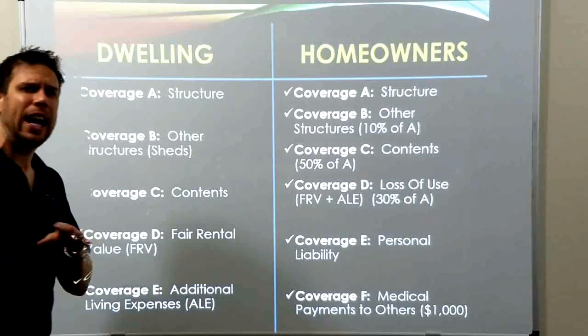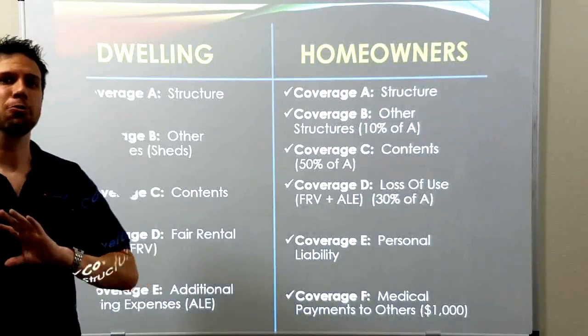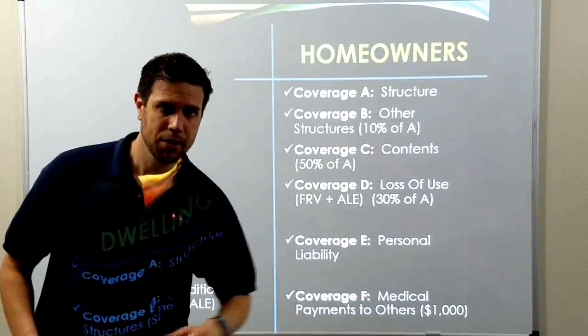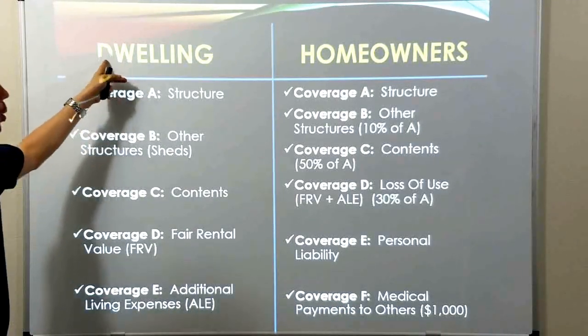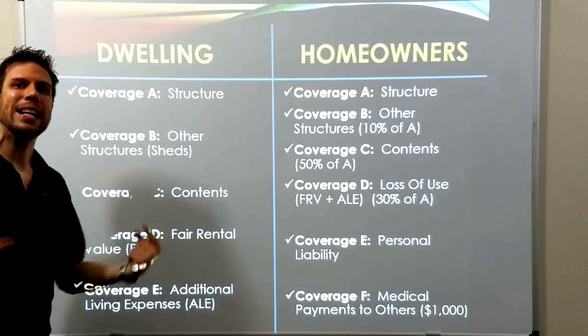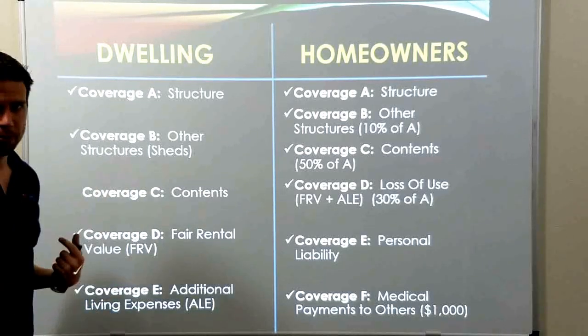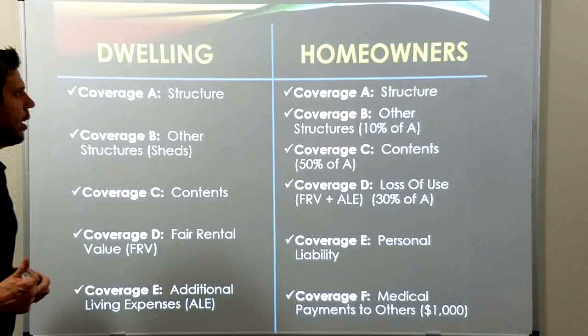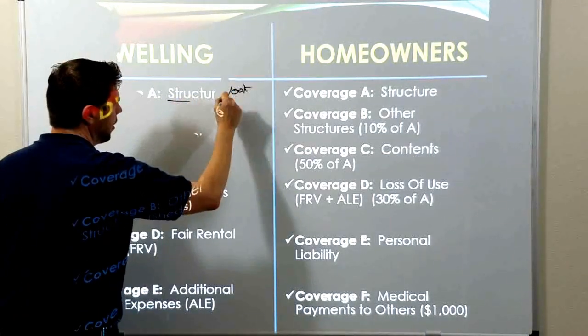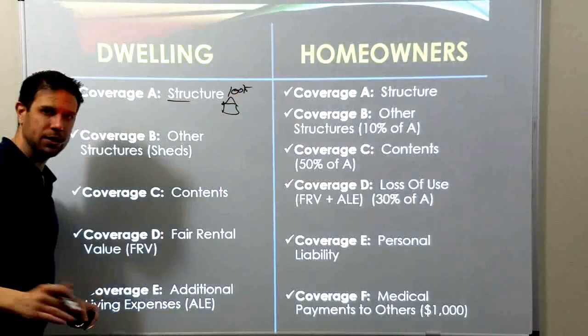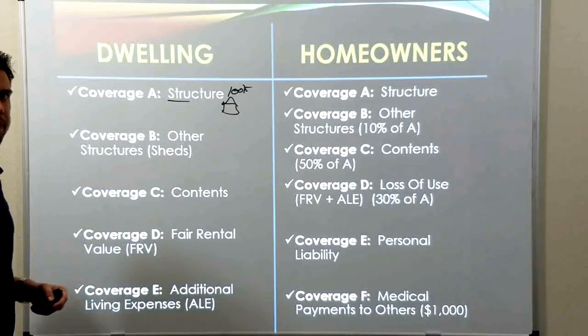Now let's say I have a rental property I rent to somebody else. I buy a dwelling. Which coverage letters do I need on my rental property? I most certainly want to cover the structure. It's my house. I definitely want to cover the structure.